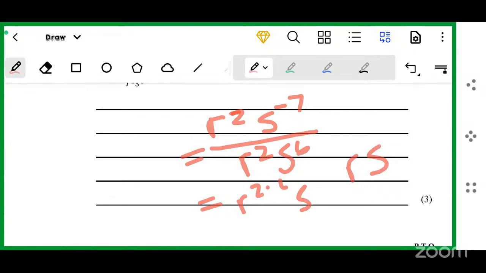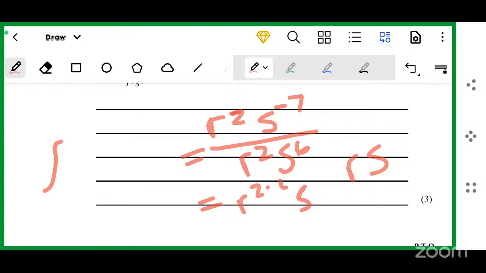Okay, let's carry on. So we have R2, minus R2, and S, I said -7, plus 6, gave me 1. Remember, you said 2 minus 2.